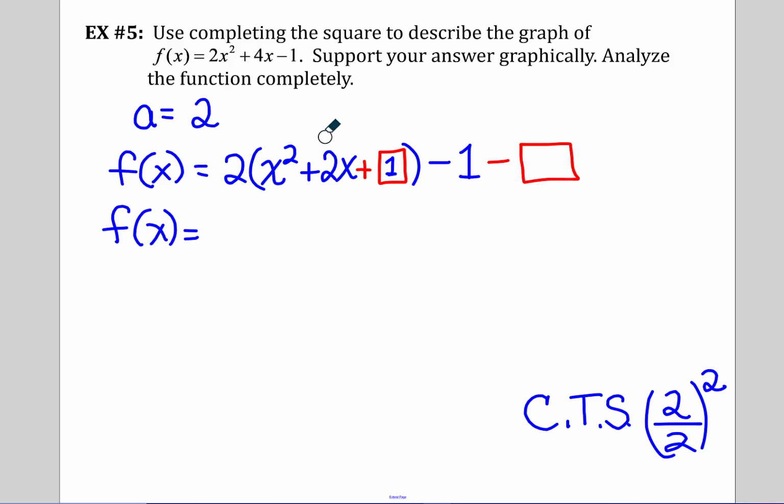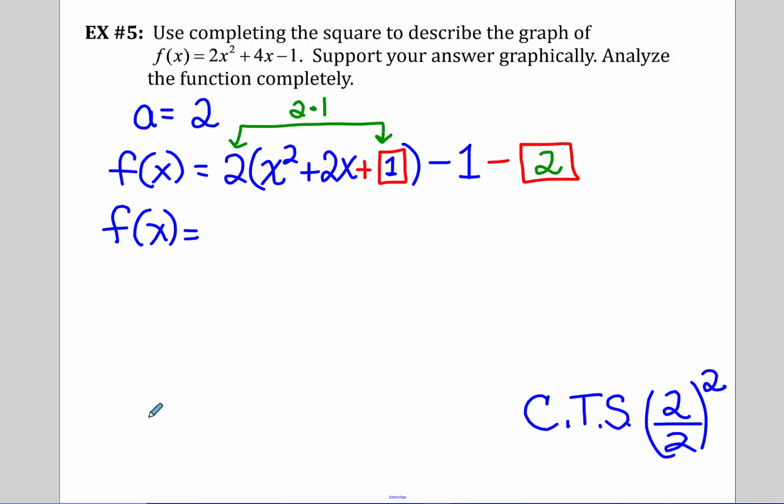Okay, here comes the pre-calc level. Now we added 1 inside, but do you see this 2, how it's a factor? What did we really add inside on this portion of the polynomial? We added a 2 inside there. So to keep it balanced, we need to subtract the same value.